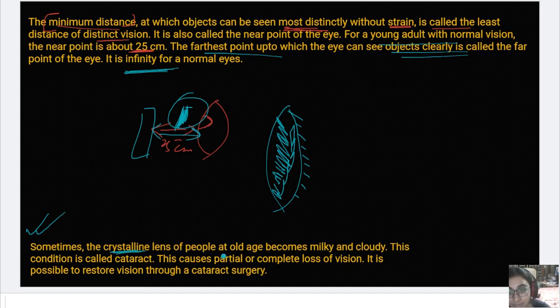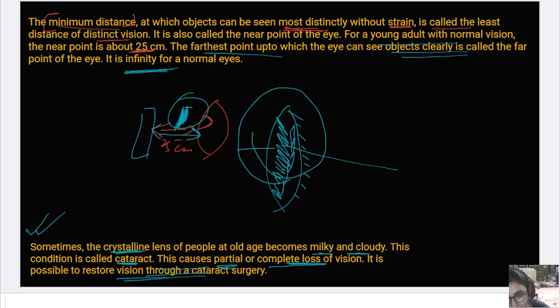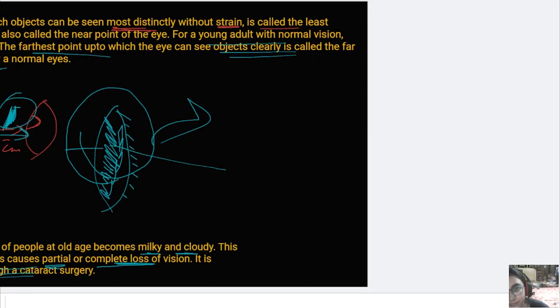It becomes milky and cloudy. So obviously the refraction will not happen properly, the light won't pass through the lens with the same intensity, as a result of which it will be blurry vision, and this condition is known as cataract. This causes partial or complete loss of vision. It is possible to restore vision through a cataract surgery. Just this accumulated substance is basically taken out. Okay.